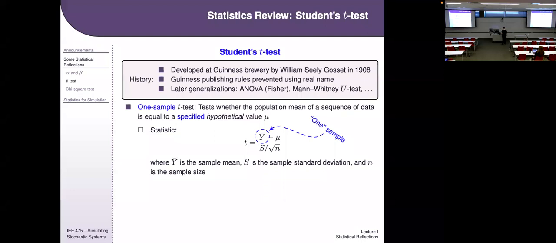When I was in your seats, this was confusing to me because I took more than one sample, right? I took 100 samples. Why am I using a one sample t-test when I have 100 data points? But the one sample they're referring to is the sample mean. So the idea is that you take your 100 data points and you compress them into a single number, and that is the one sample.